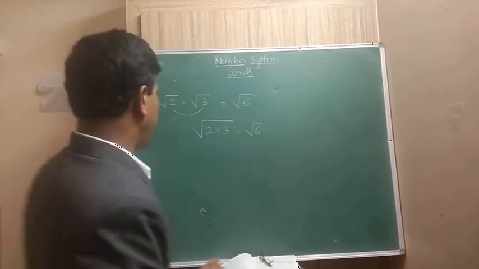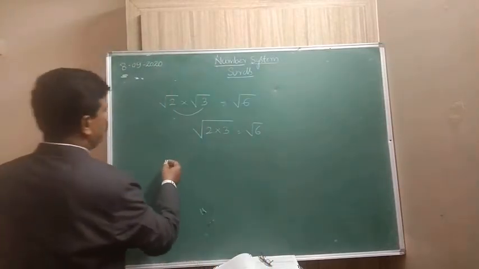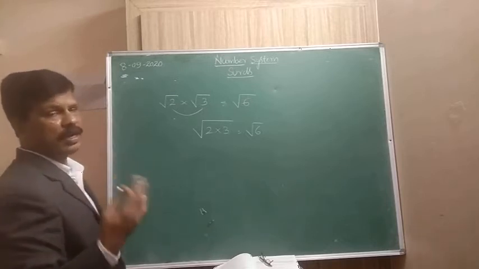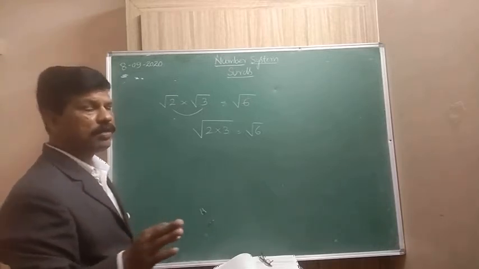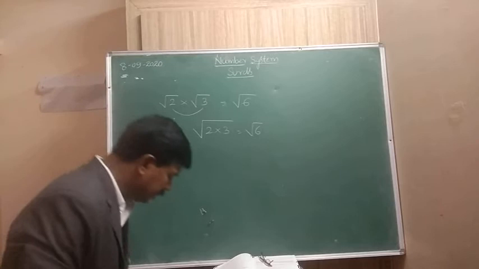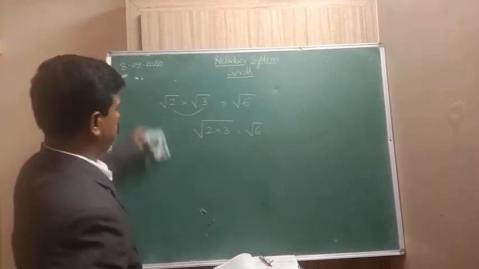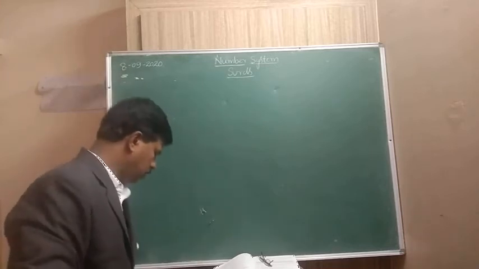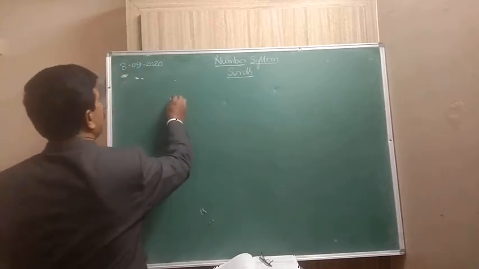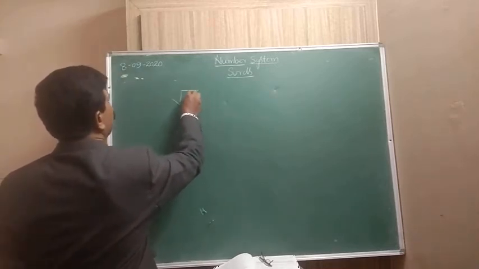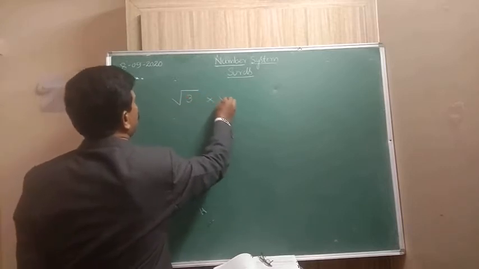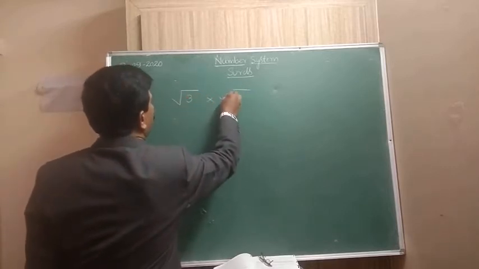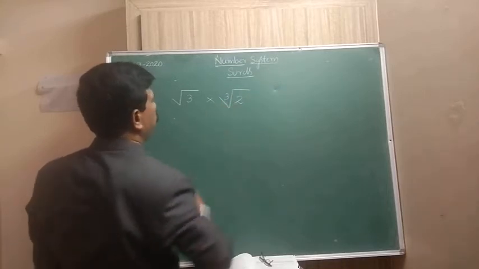Clear? Now next, if the orders are different, how to multiply the given surds? Now let us explain that. Look carefully. Here square root of 3 into cube root of 2.